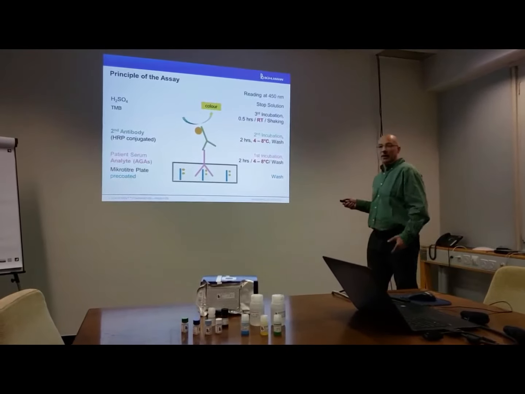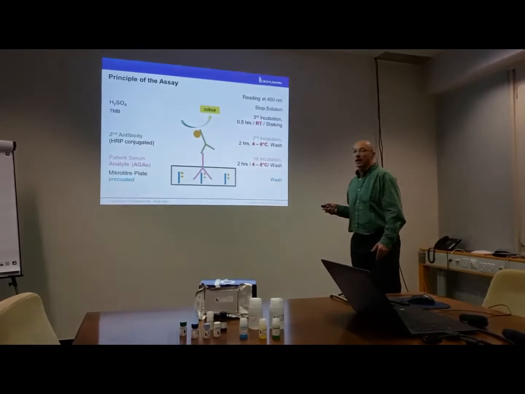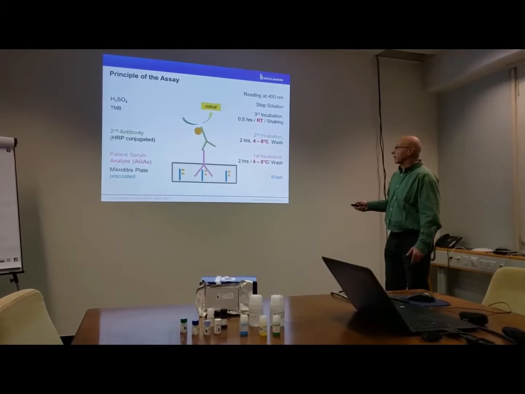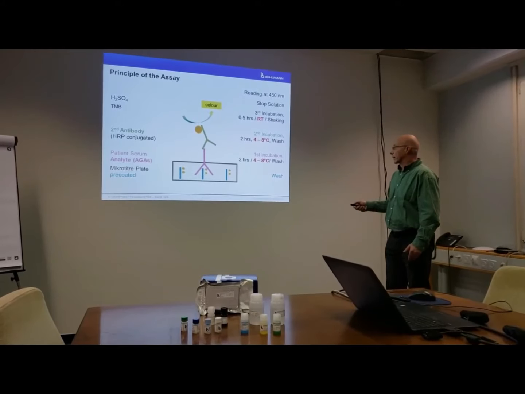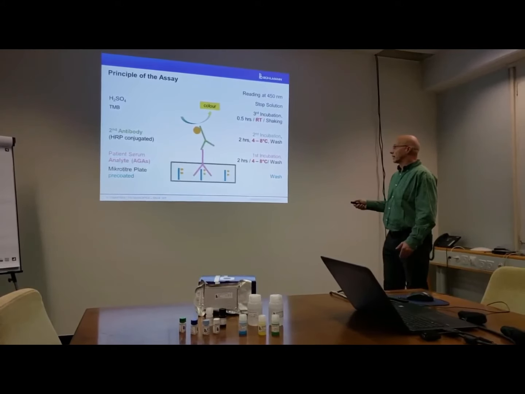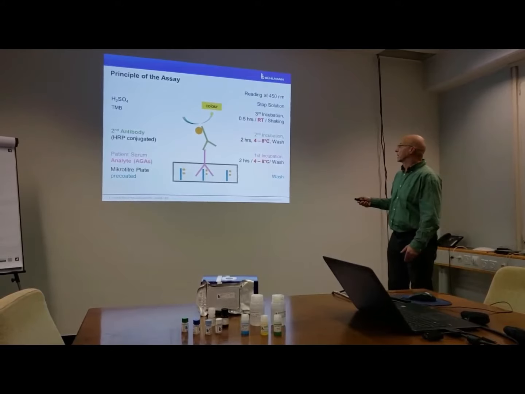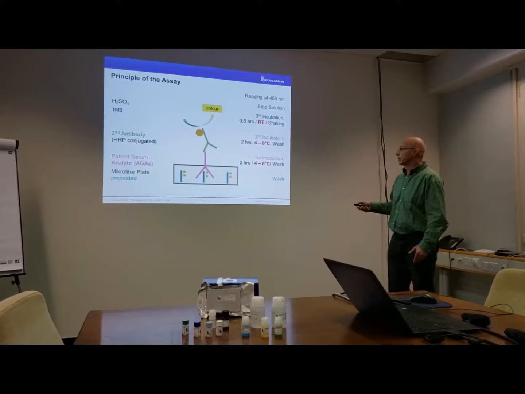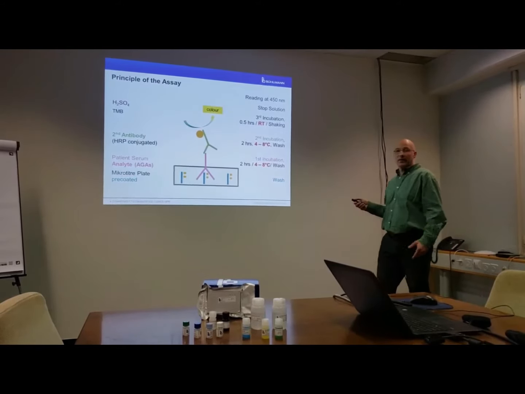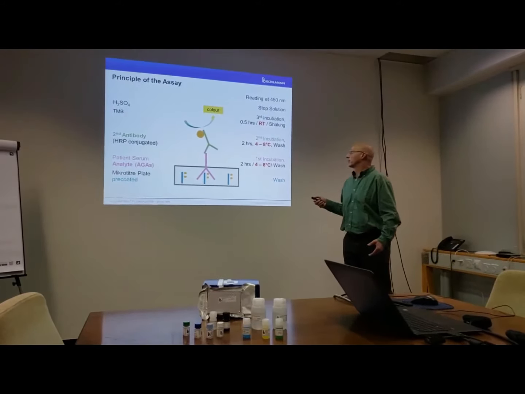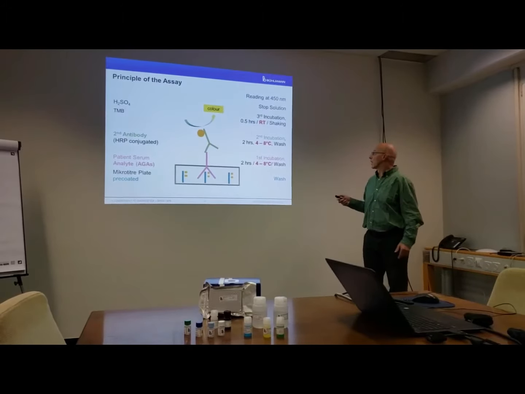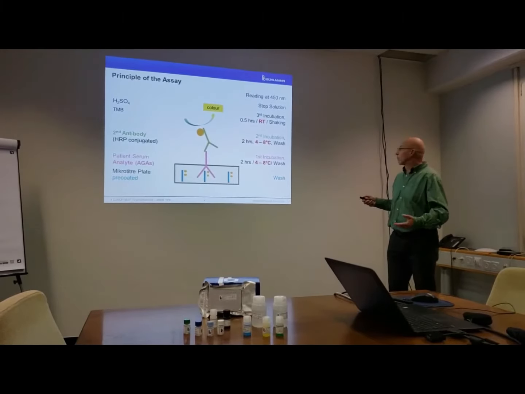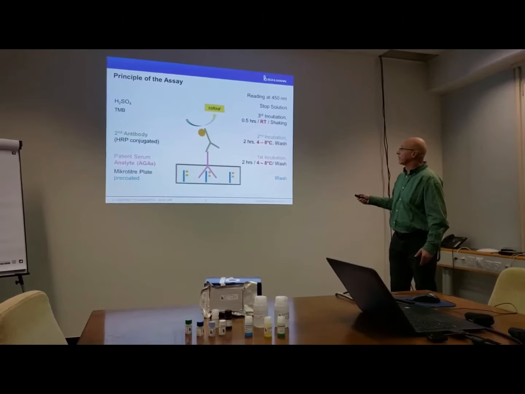This step has to be done between 4 and 8 degrees. Afterwards, the plate is washed again, unbound antibodies are removed, and there is a second step with the second antibody, which is HRP conjugated. This incubation step is again done for 2 hours at 4 to 8 degrees, and afterwards washed again with wash buffer.